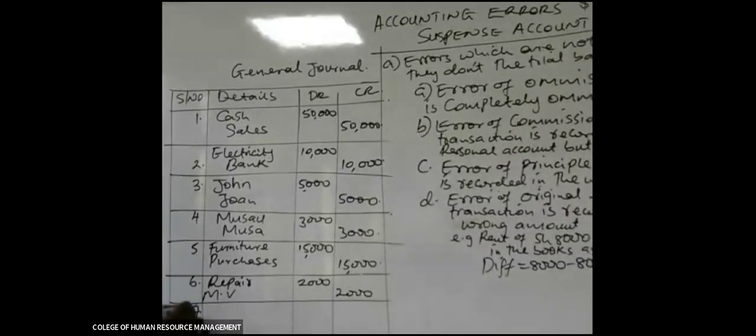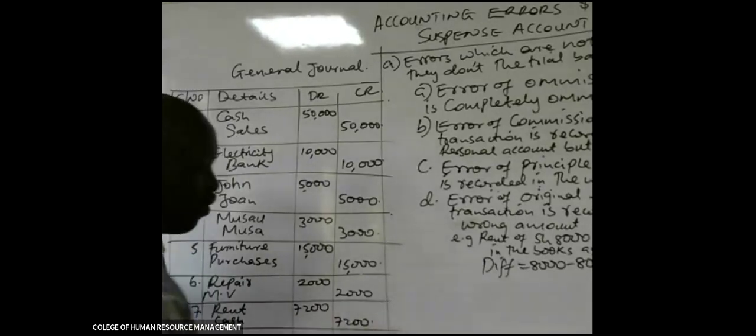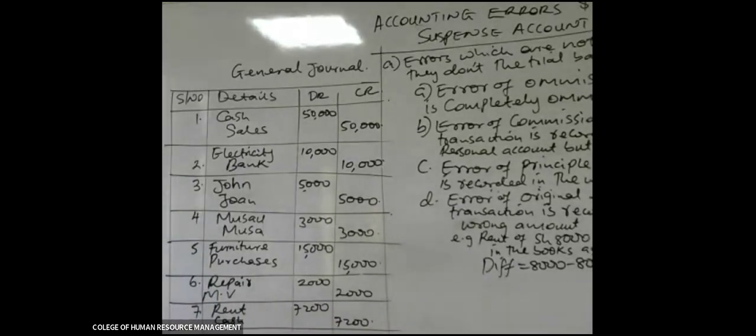Number 7, the account which was supposed to be debited is rent, but 7,200 was never debited. So we debit that difference. And then the account which was supposed to be credited is cash, 7,200 was never credited. And that error is sorted. You use the difference.